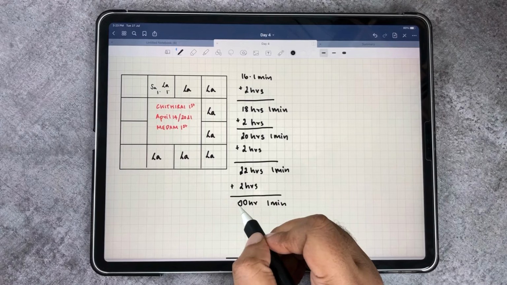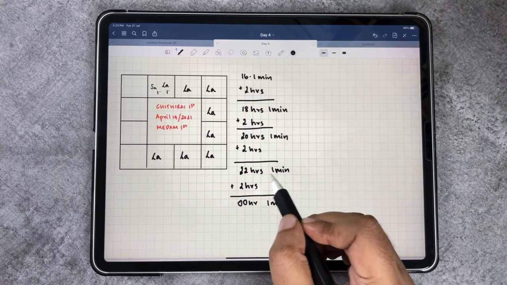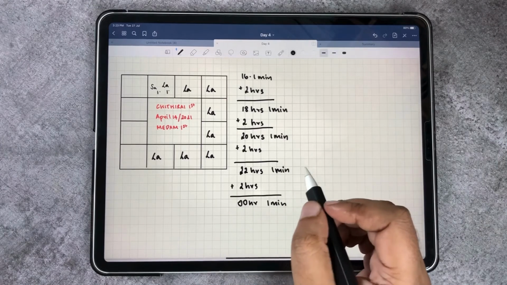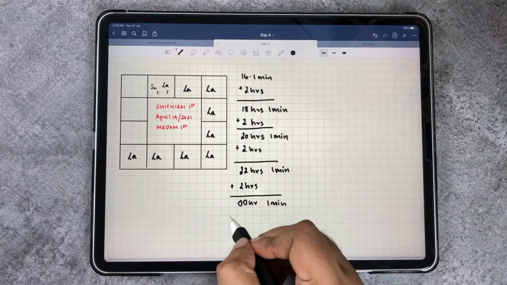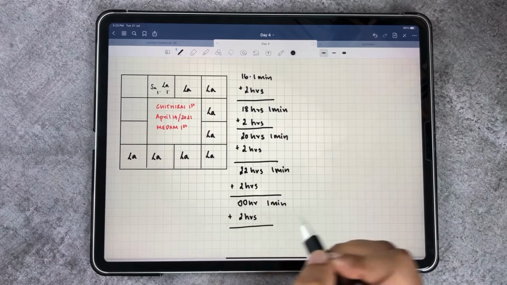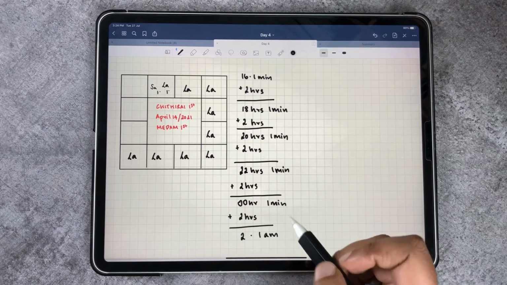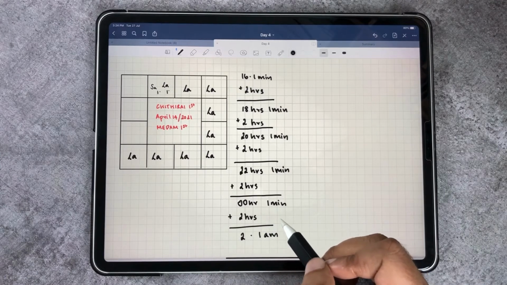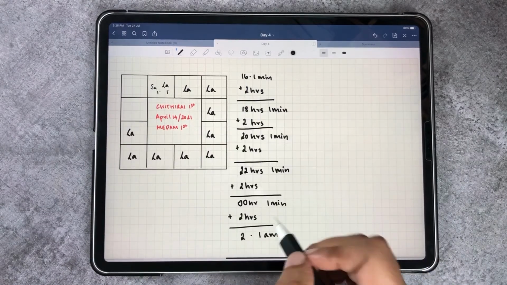What is it? 12:01 am in the night. So from 10:01 pm to 12:01 am in the night, what will you have? You will have the Dhanusha Lagnam. Next, again you add 2 hours. You will get 2:01 am. So from 12:01 am to 2:01 am you would have the Makara Lagnam. Again, let's add 2 hours.